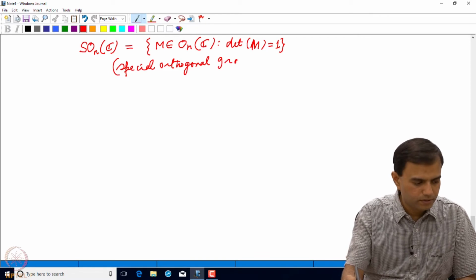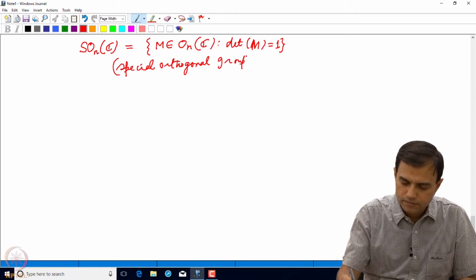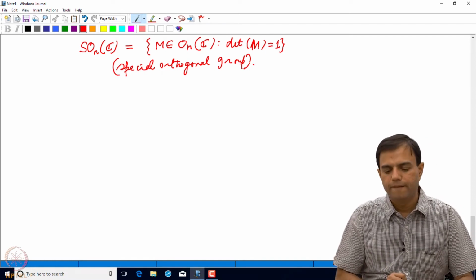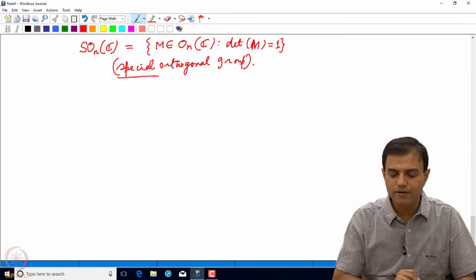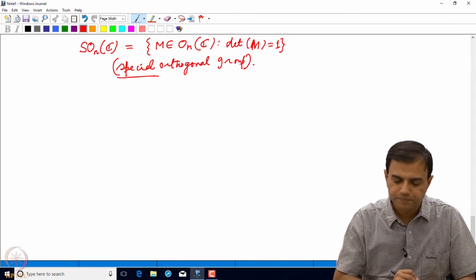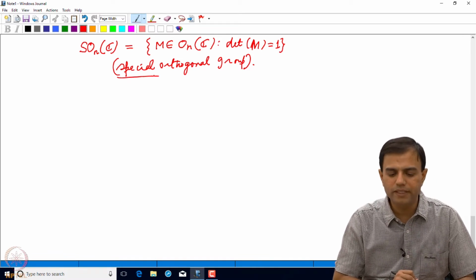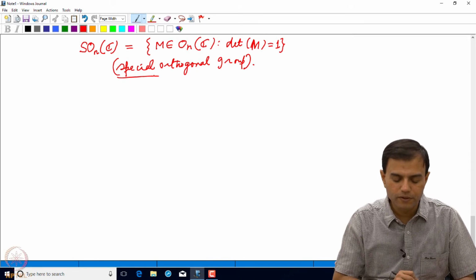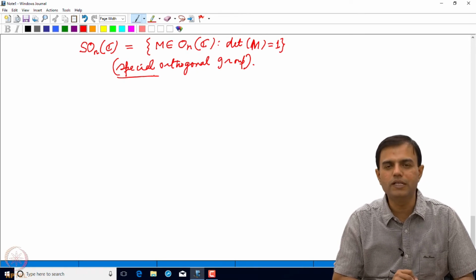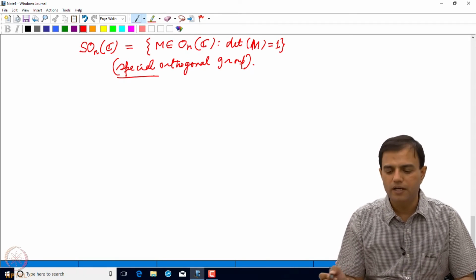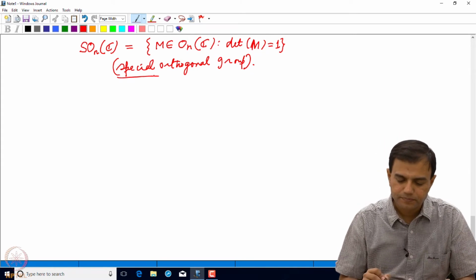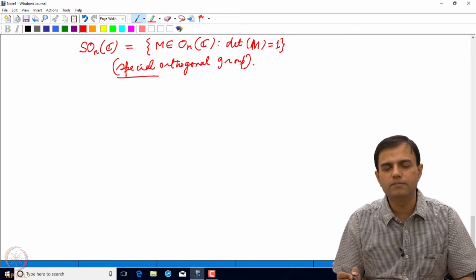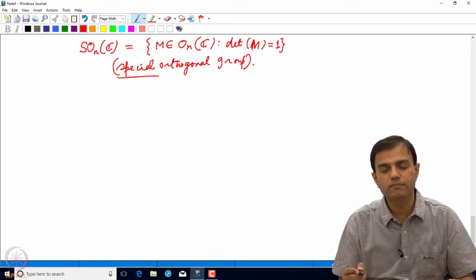There is a reason behind calling them special. I will come to that in a minute. In fact, one particular group, which is SOn over the reals, is what we are going to understand in later lectures in much detail, and that's going to be a very nice application of group actions.